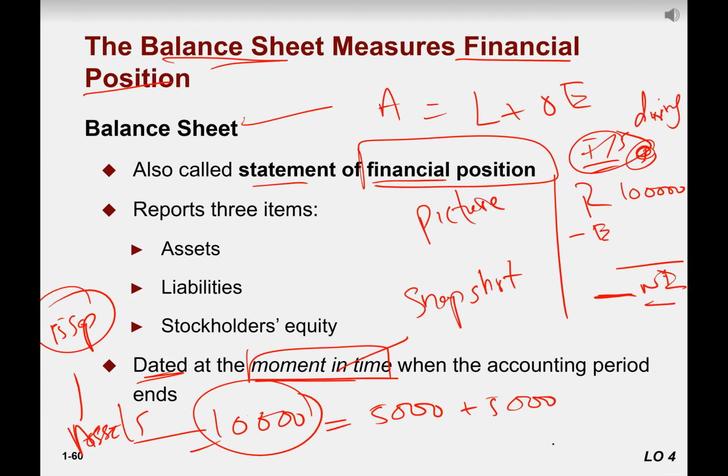Maybe on 20th of September it becomes 12,000. Maybe at the end of the year, 31st December, it becomes 120,000, right? So the balance sheet only tells you the snapshot, a picture or a moment in time position at a specific date. That's it.